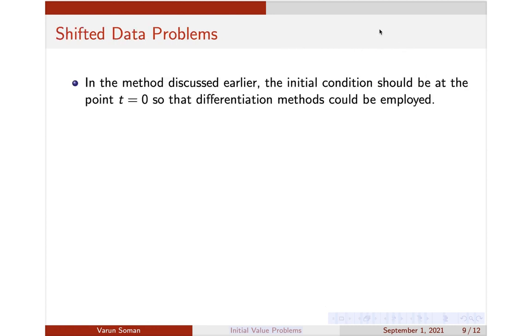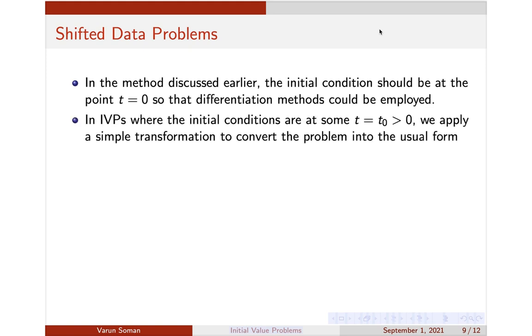In that case, I will employ a simple transformation. I will change the variable t to t tilde, so that when t is equal to t naught, my t tilde will be 0.